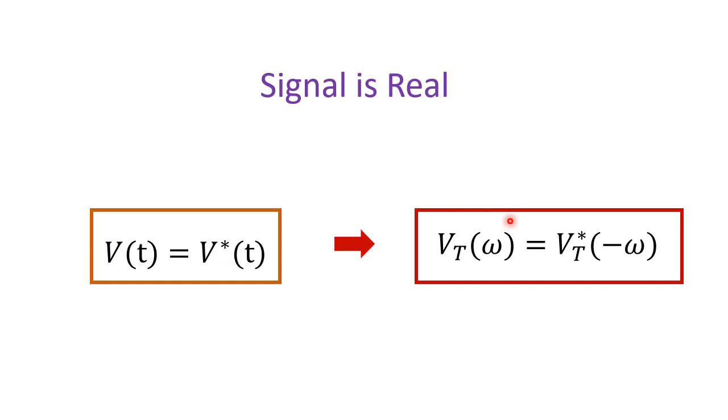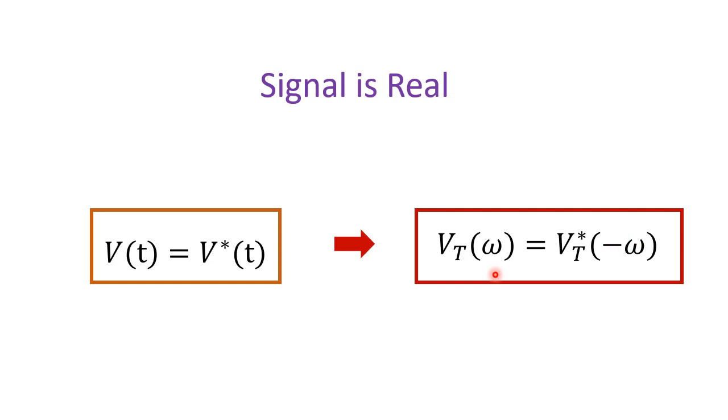The Fourier transformed signal, that is V_T of omega, actually becomes equal to the complex conjugate of it, V_T star, but not of omega, rather if I substitute omega by the negative frequency components.